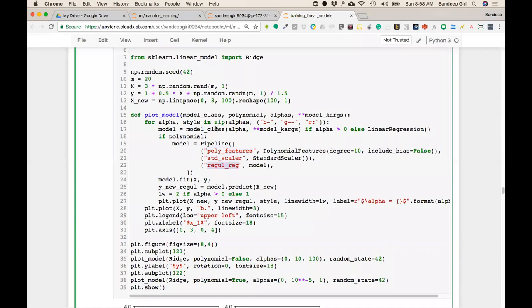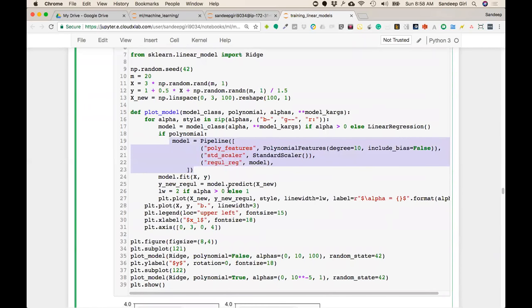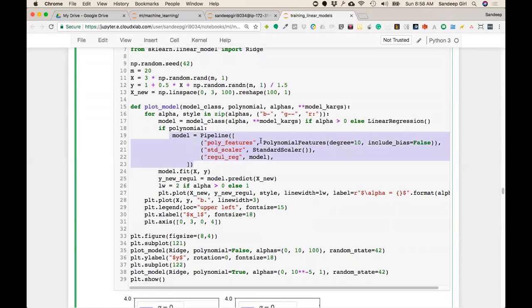In a few cases, when the polynomial is passed as false, it doesn't do the pipeline. Otherwise, it does the pipeline. So using this pipeline, it first adds the polynomial features, then does the standard scaling, and then here is the actual model. This is where the model happens. So the fit method is valid for this as well as this.